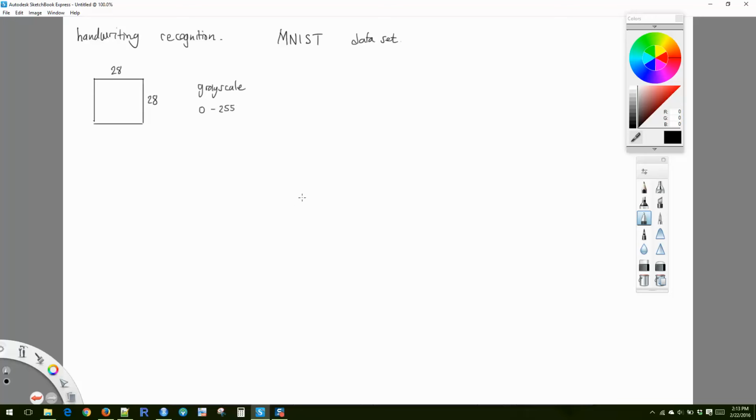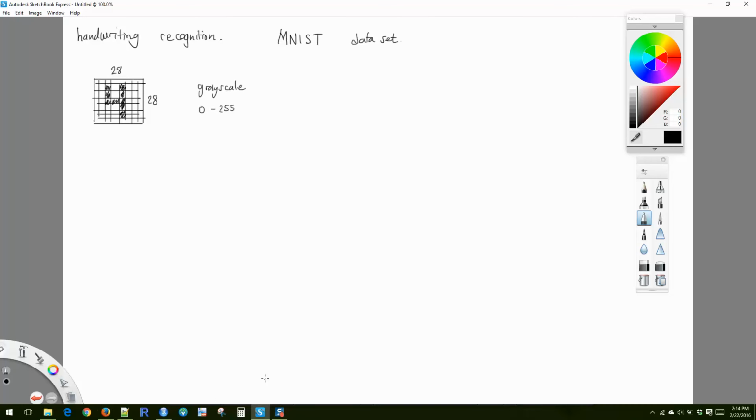So every single pixel, and then some of these are shaded. And then you're hoping the computer looks at that and recognizes, hey, that's the digit 4, or something like that, okay? But these are scanned from handwritten samples.